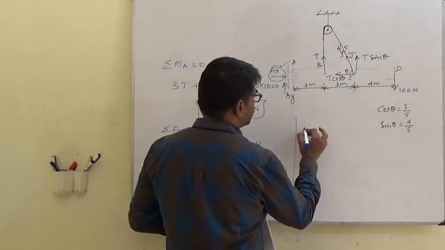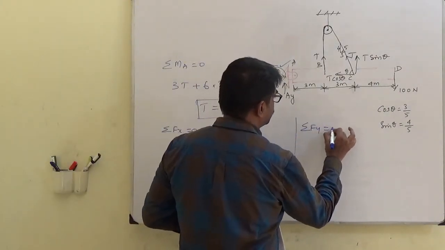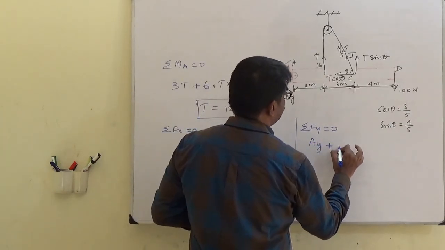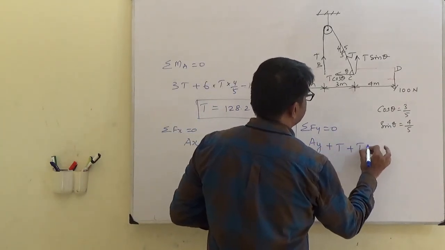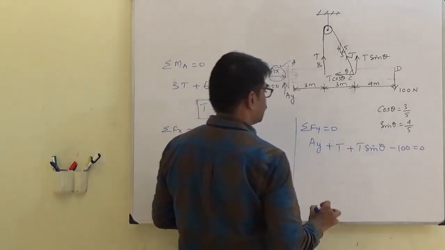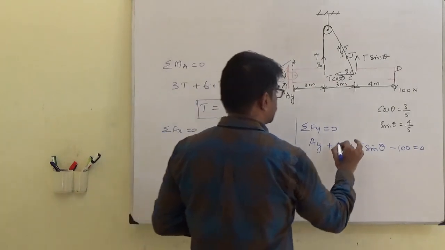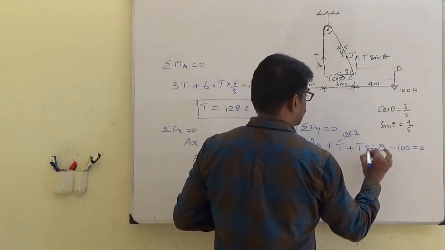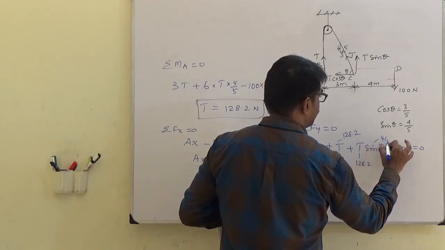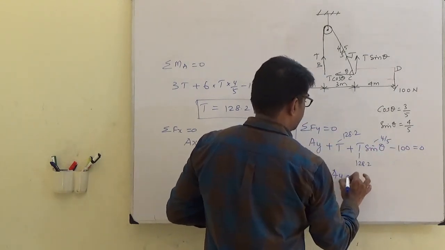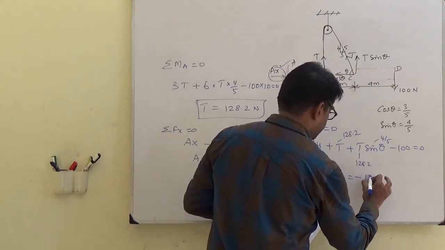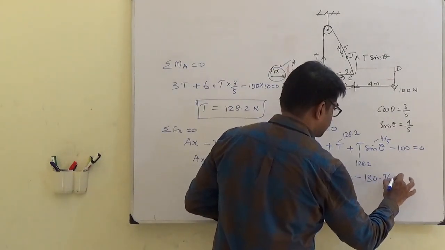Now we can use the third expression, summation of Fy equal to 0. So Ay plus T sin theta minus 100 equal to 0. So T is 128.2, and sin theta is 4 by 5. Upon solving, you get Ay equal to minus 130.76 Newton.